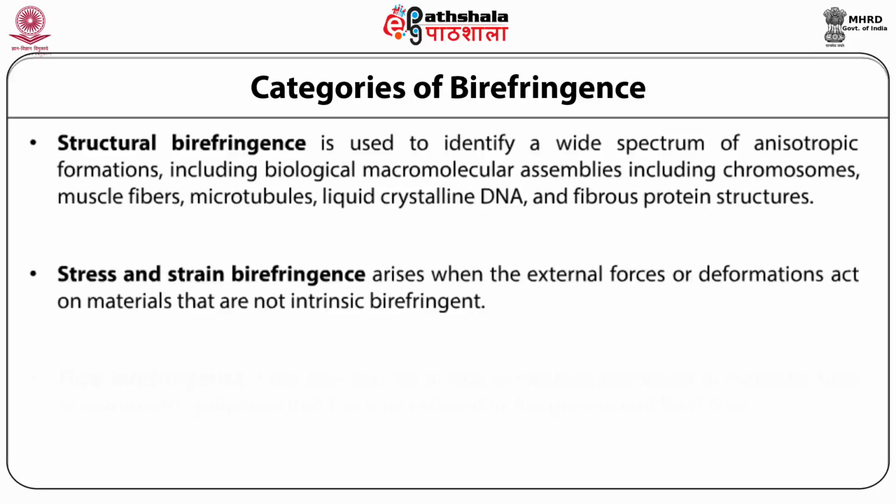Stress and strain birefringence arises when external forces or deformations act on materials that are not intrinsically birefringent. For example, stretched films and fibers, deformed glass and plastic lenses, and stressed polymer castings in a naturally isotropic medium.